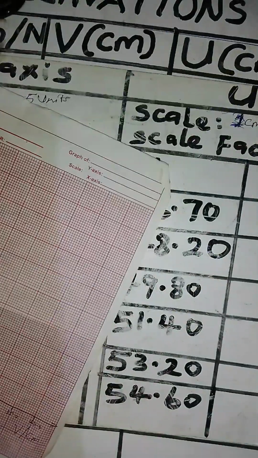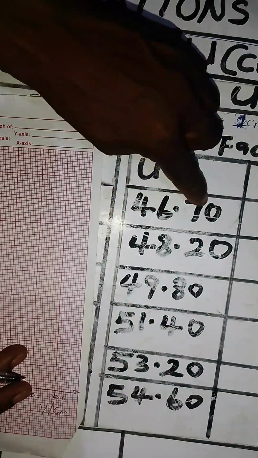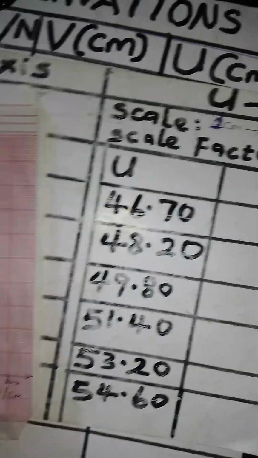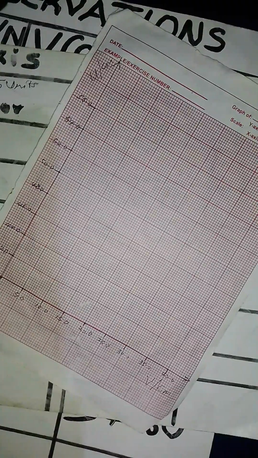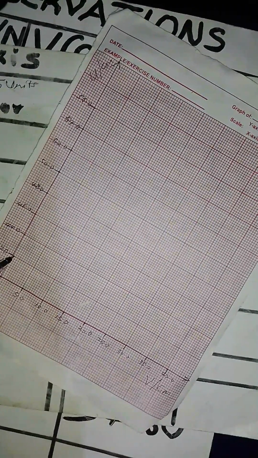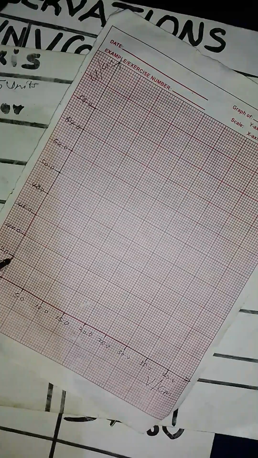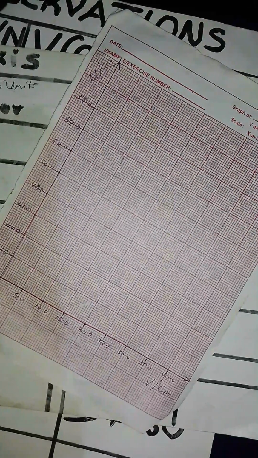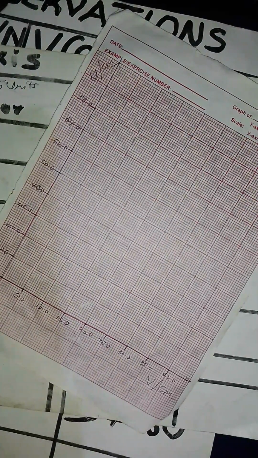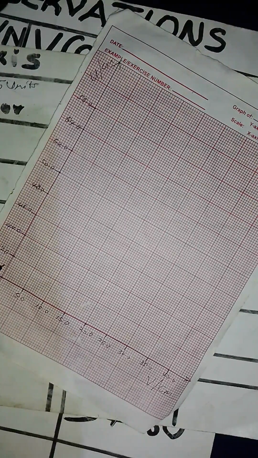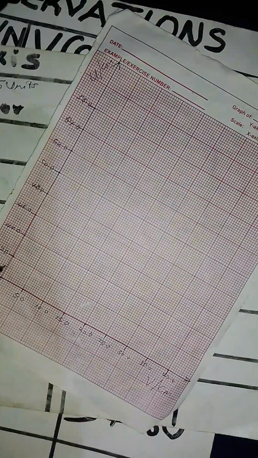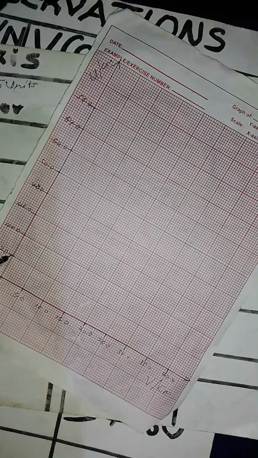Now the question is, how do we convert this 46.7 to units? Note that from the origin to the first value, 42, is 2 units, and in that 2 units we have 1, 2, 3, 4, 5, 6, 7, 8, 9, 10. We have 10 tiny boxes.